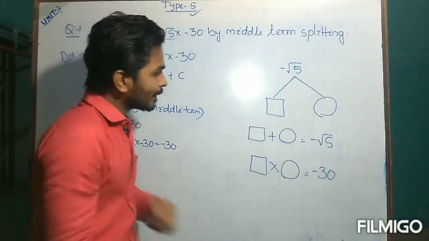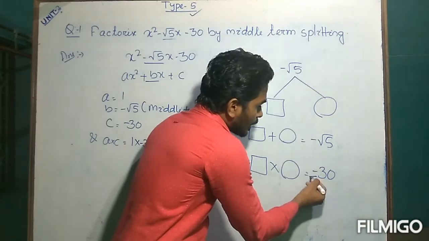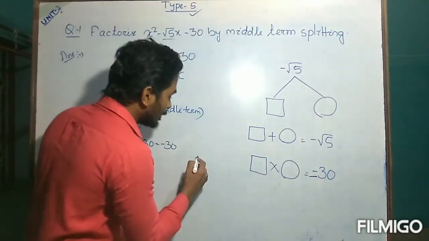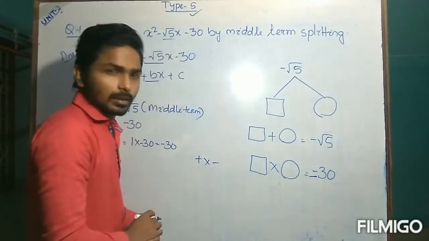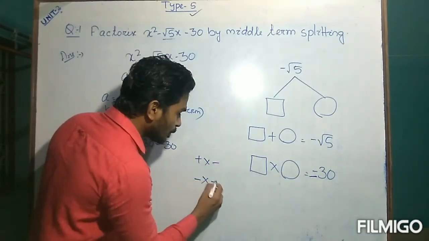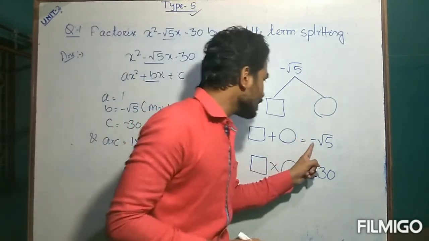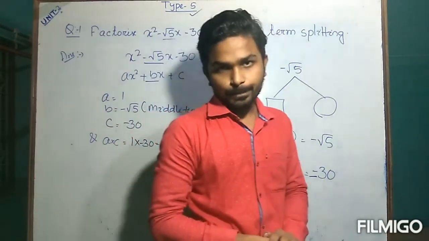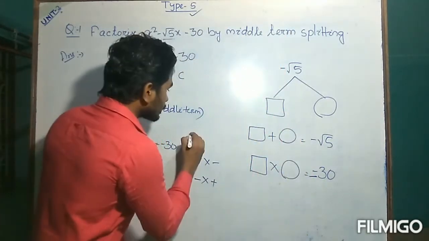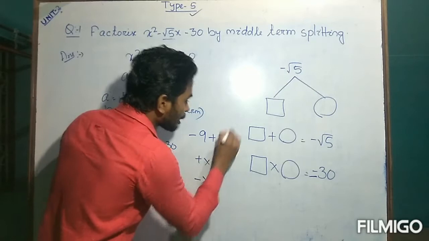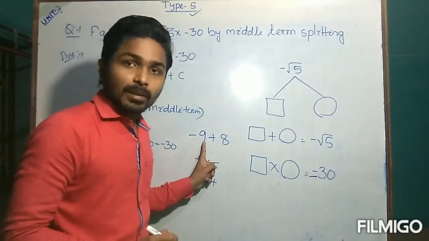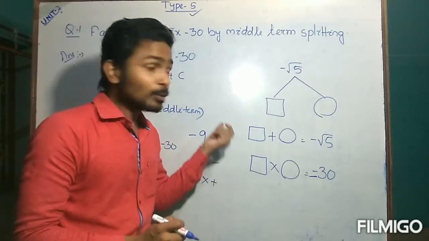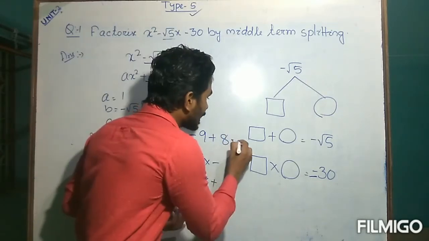You can see one thing, that the multiplication gives a negative sign. That means it might be plus into minus, or minus into plus. And in the addition we also need a negative sign. Whenever a large number having a negative sign is added with a small number with a positive sign, it gives a negative sign.